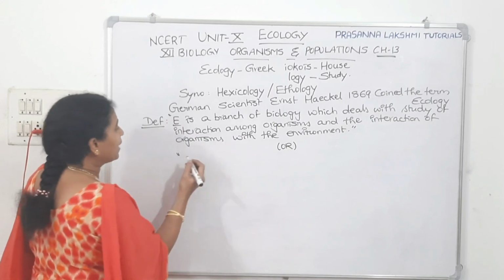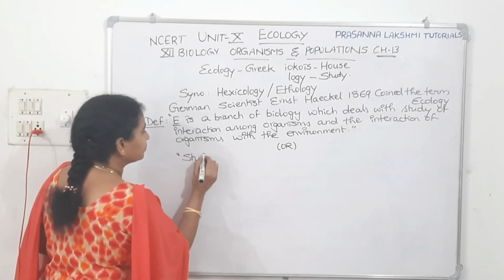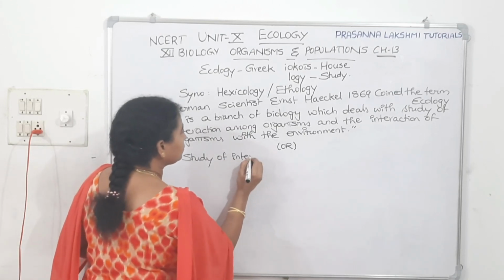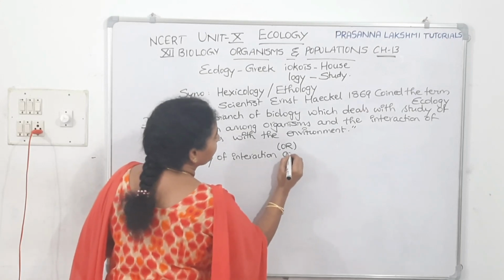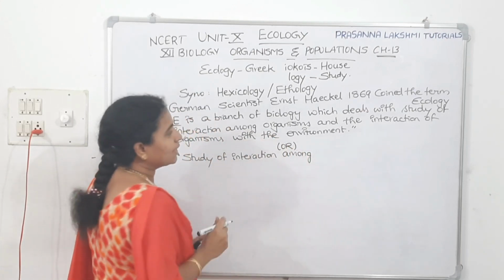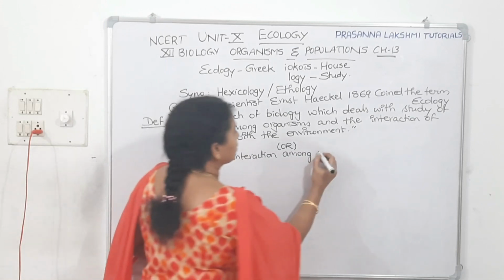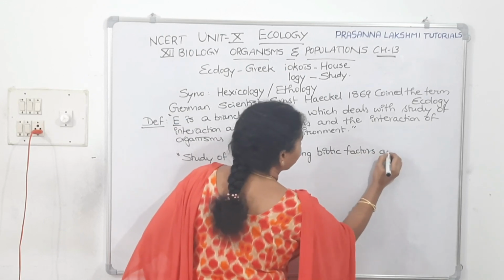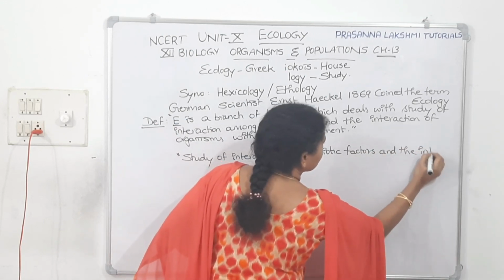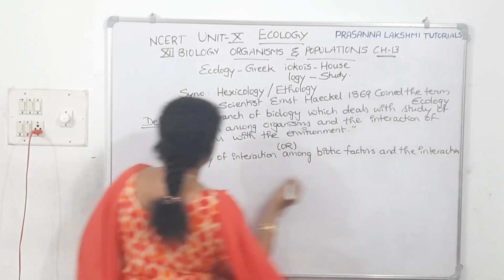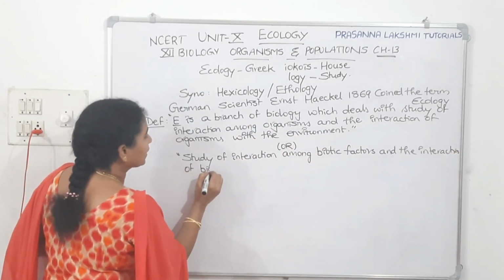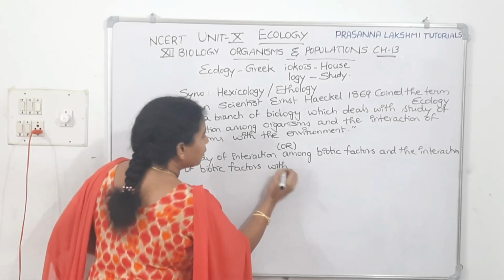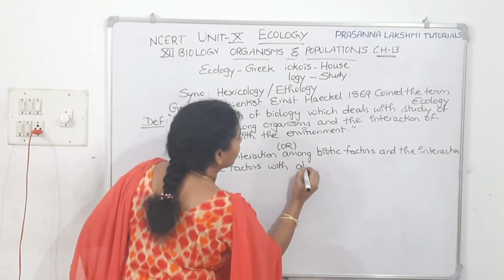So we can tell it's a branch of science which deals with the study of interaction among biotic factors, living factors, and the interaction of biotic factors with, instead of non-living things or the environment, abiotic factors.